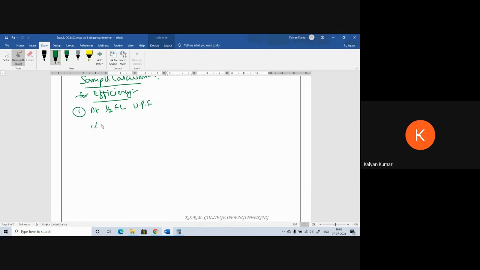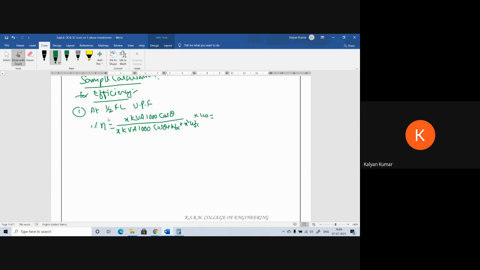The percentage efficiency is given by X into kVA into 1000 into cos theta, divided by X into kVA into 1000 into cos theta plus WOC plus X square WSC, into 100.